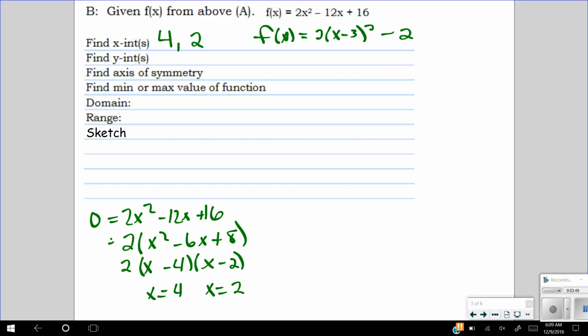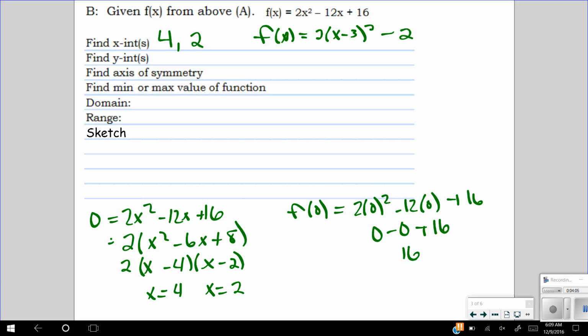Okay. The y-intercept actually occurs when you put 0 in for x. So 2 times 0 squared minus 12 times 0 plus 16. We get 0 minus 0 plus 16, which is 16. So the y-intercept is (0, 16). Okay.